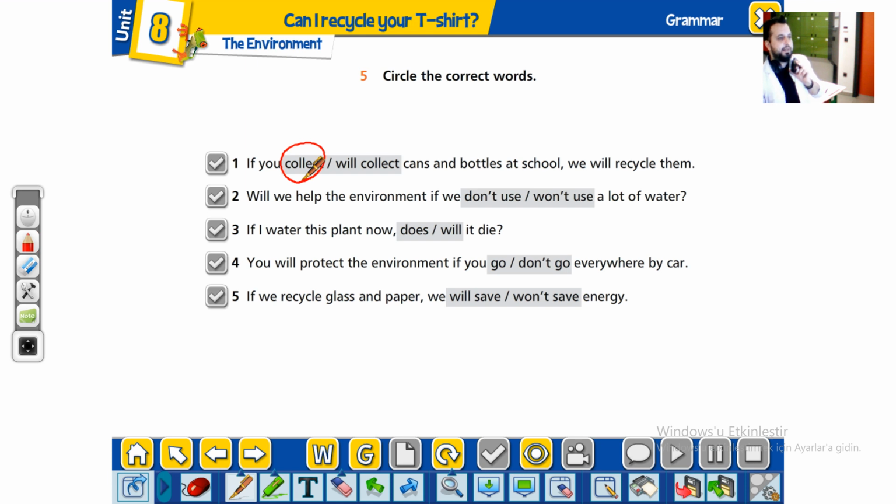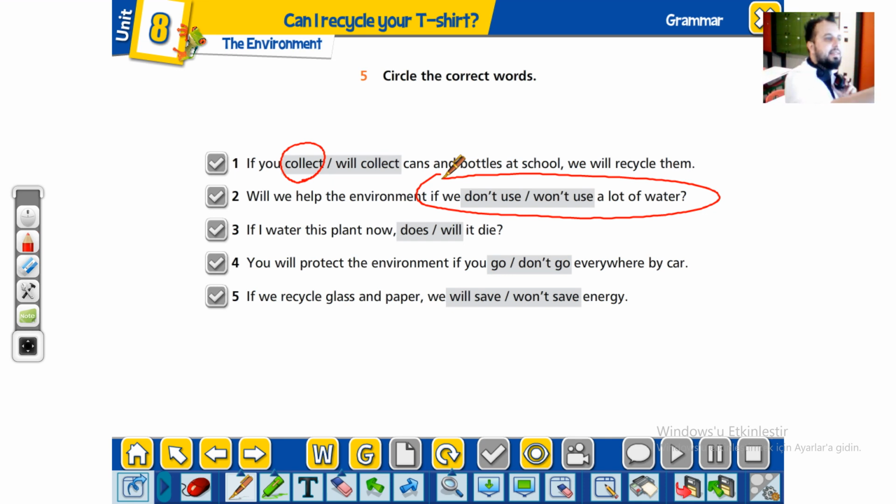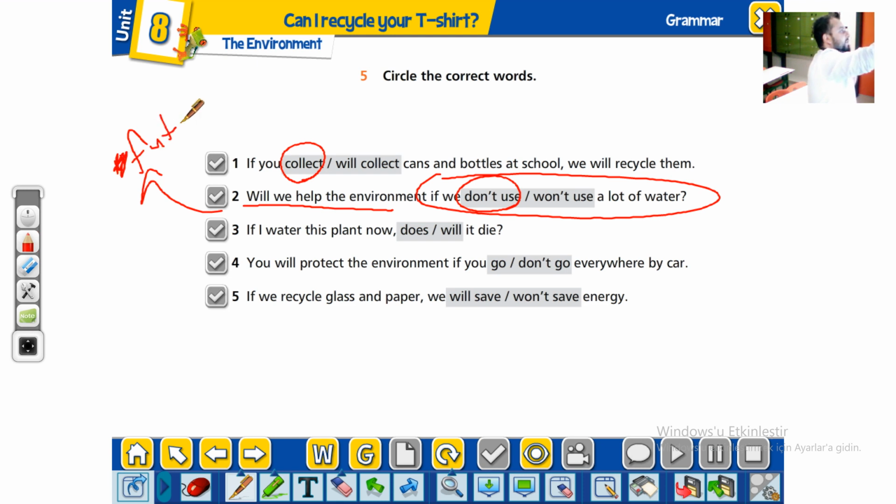Will we help the environment? Okay, the sentence begins with the main clause. If we don't use or if we won't use a lot of water, this part is the conditional part. So in the conditional part we are going to use simple present tense. Don't forget it. In the other part, in the main clause, we are going to use future simple.